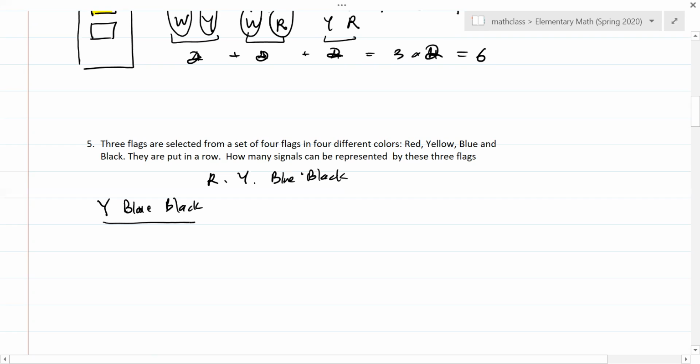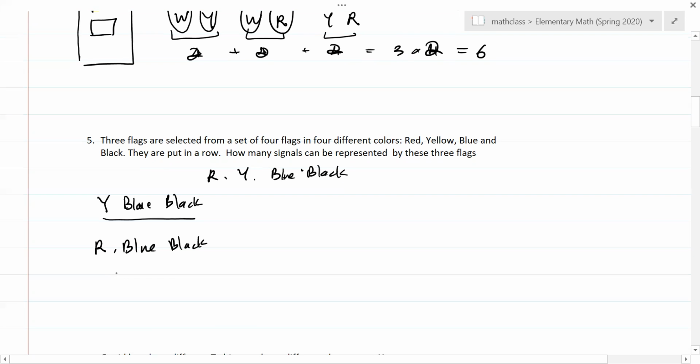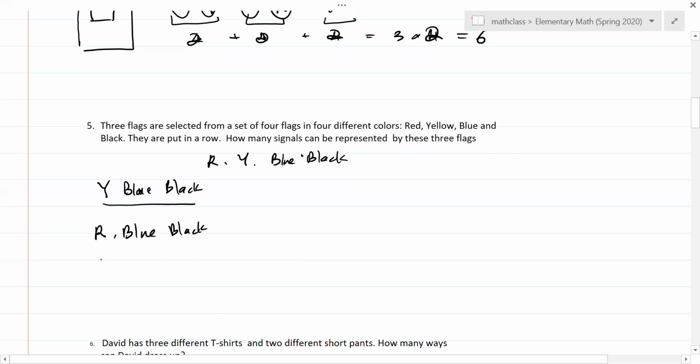The question is how many you can get each time. If you eliminate the yellow one, then you have red, blue, black. Then if you eliminate the blue one, then you have red, yellow, black. So in total you have 4 different groups. Okay, 4 different groups. If you can figure it out, then you permute those 3 flags.